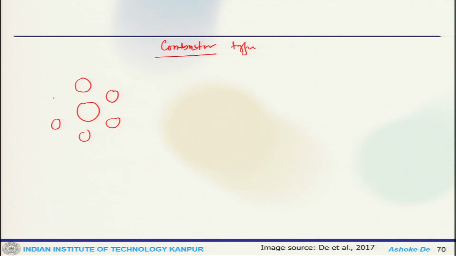Now, we are talking about the combustor. These combustors are also of different natures. There could be this kind of situation where you have a can, which is connected.